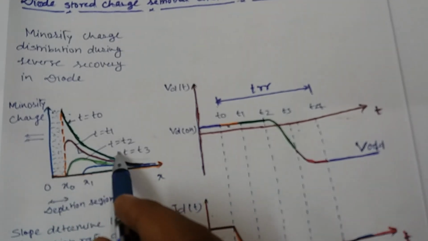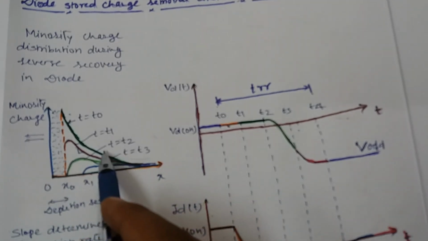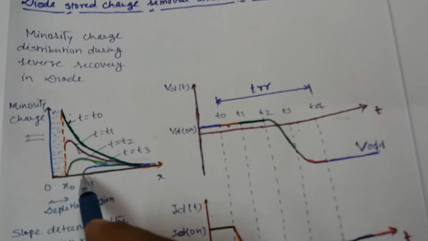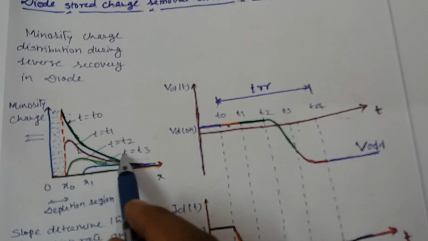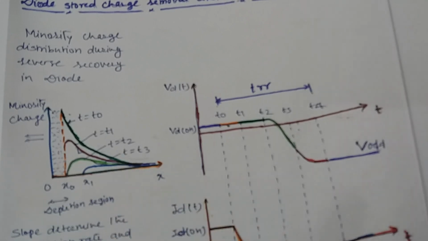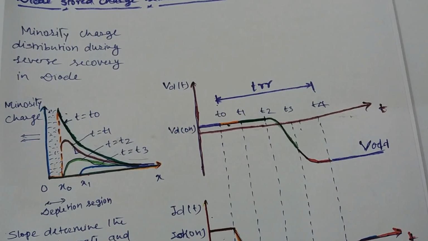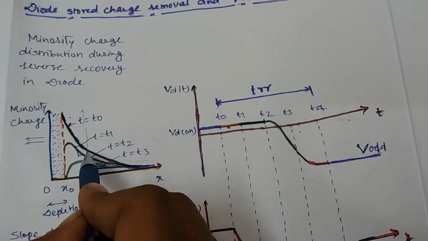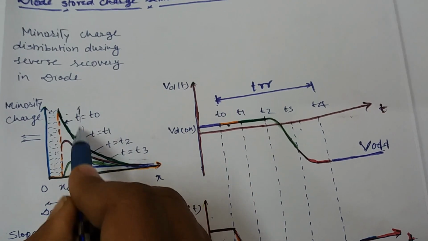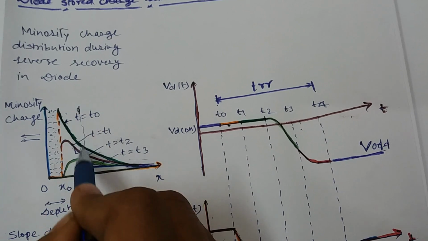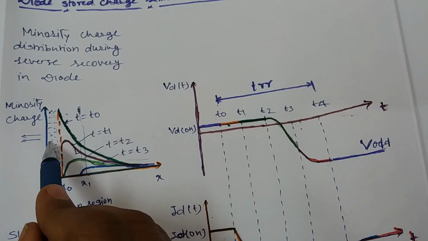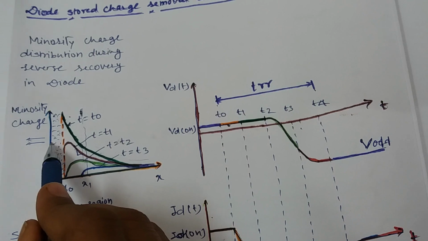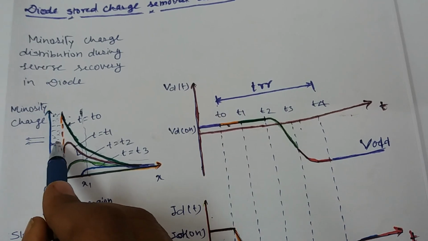During this period t3 you removed all the stored charge in the junction capacitance. Earlier your depletion region width was that much only.